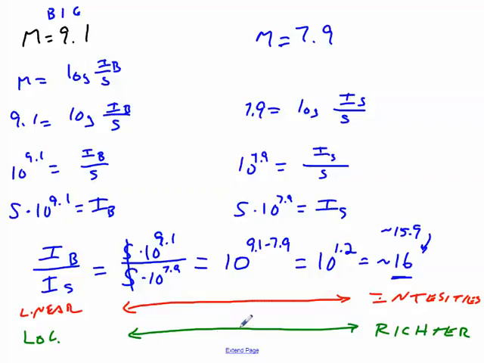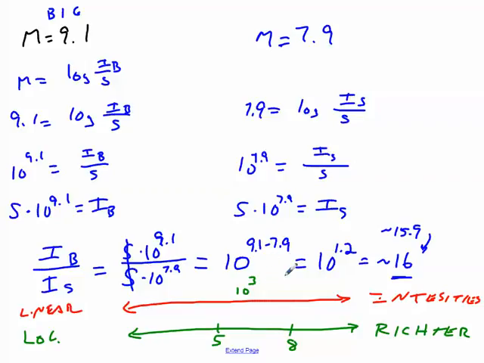In our example it was 5 to 8. If we went from a 5 to an 8, how much more intense is the 8 compared to the 5? 8 minus 5 is 3, so up here it would be 10 to the third power times as powerful, because this is a log scale and this is a standard linear scale.